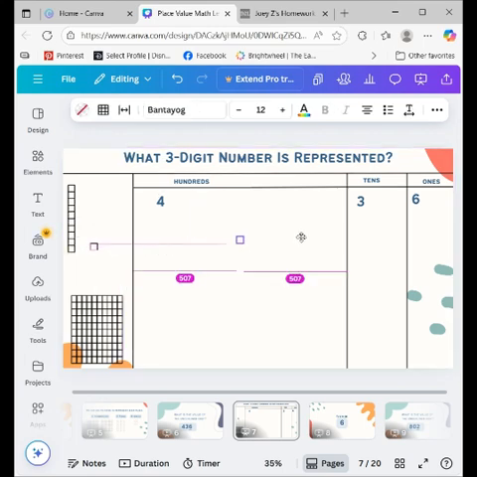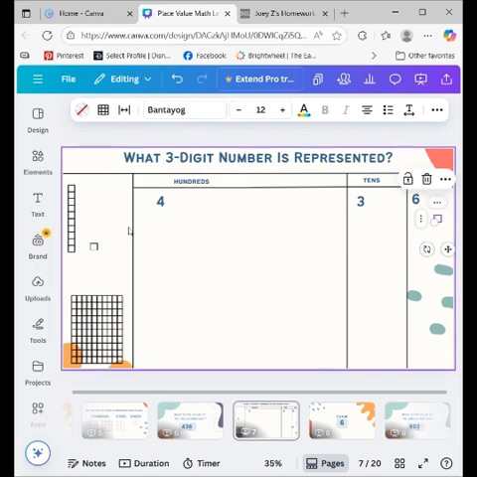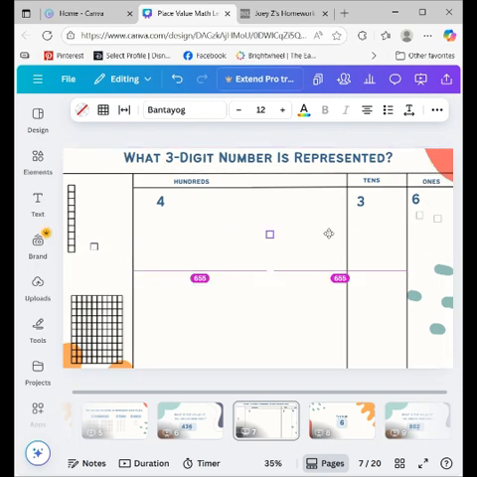So this is 1, 2, 3, 4, 5, 6. Now let's do the tens place.